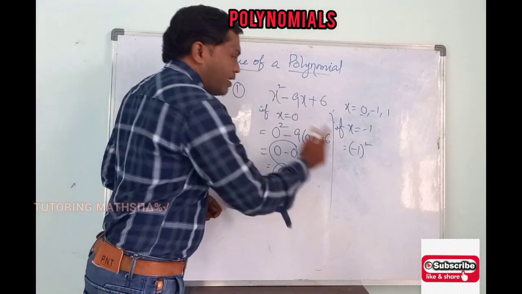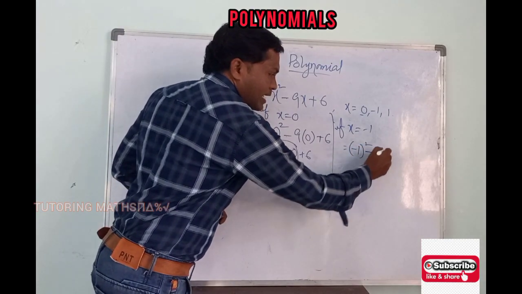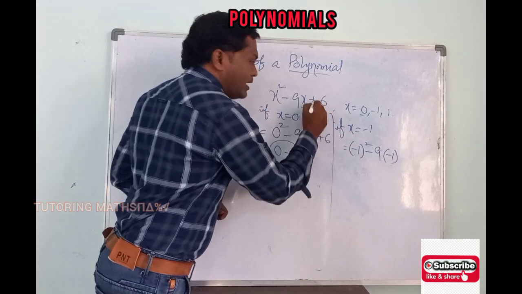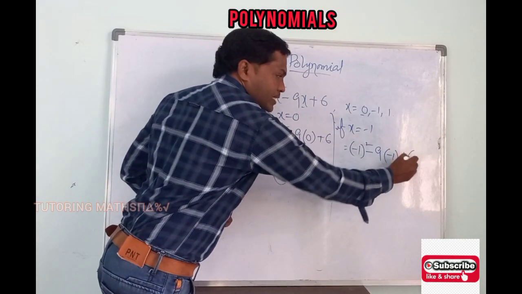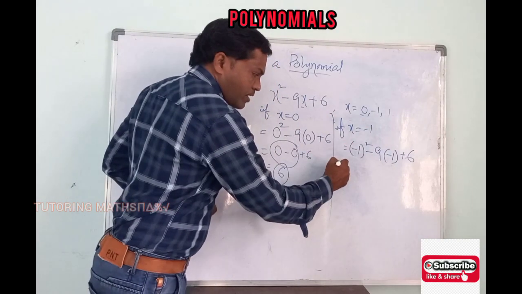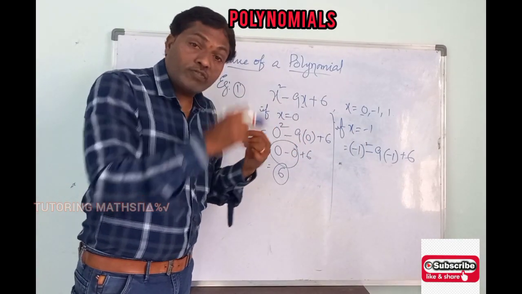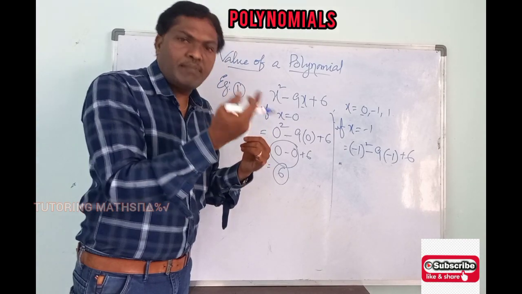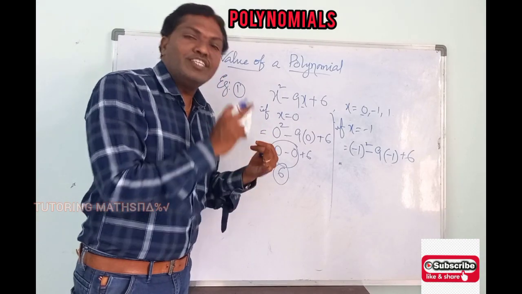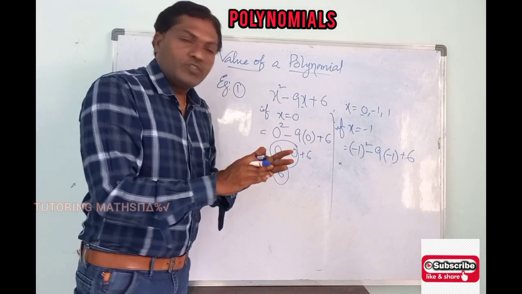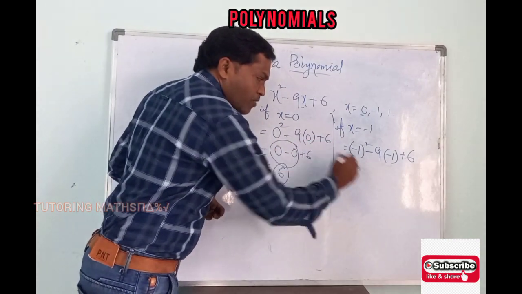Minus 1 whole square minus 9 into x, x is minus 1, plus 6. Let us simplify. Minus 1 whole square means minus 1 multiplied 2 times: minus 1 into minus 1, minus into minus is plus, 1 ones are 1. So the result is plus 1.